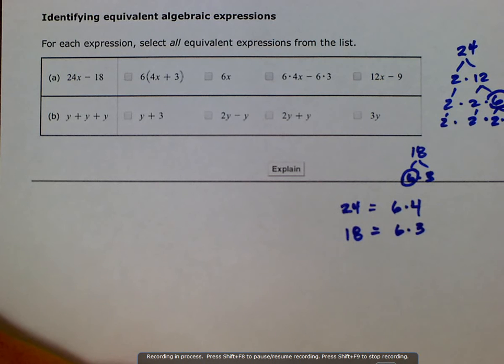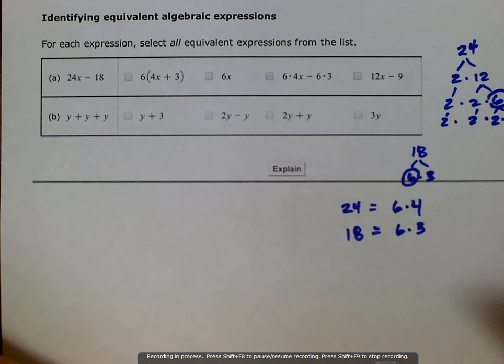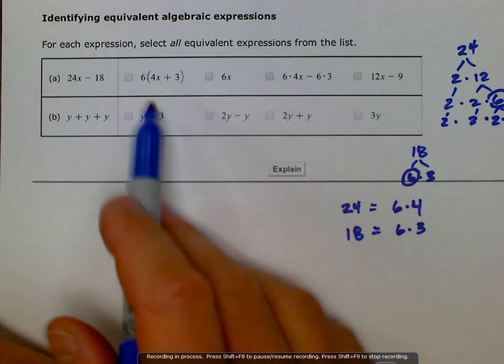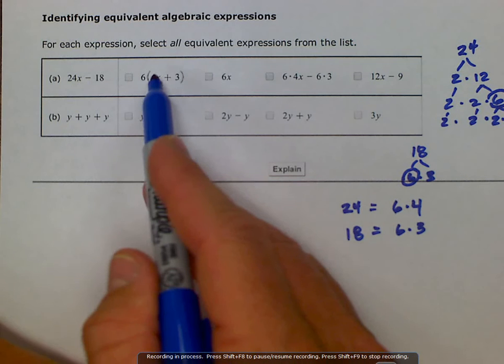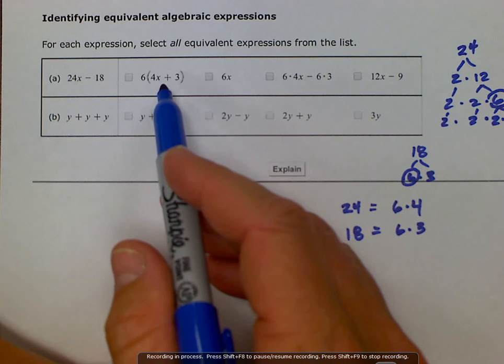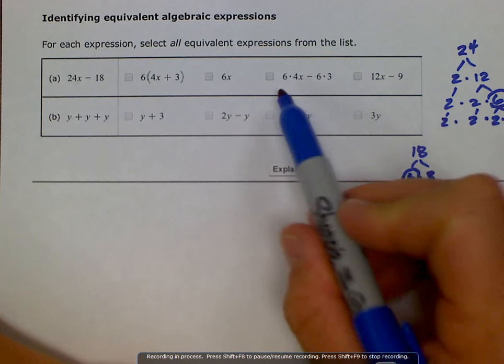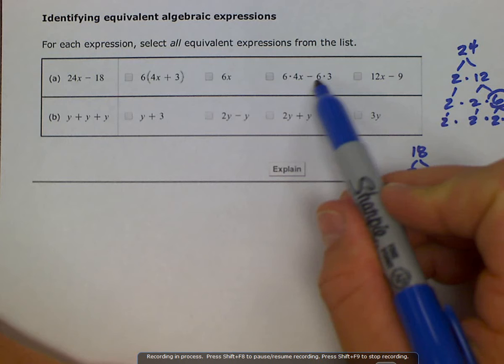And so we could pull a 6 out of both of these numbers and be left with 4 and 3. Here we have 24x, so it would be 4x. So you can look up here and see that here where they've pulled out a 6, kind of not a good math term, but undistributed or factored out a 6. And this is what it looks like before the 6 is factored out.